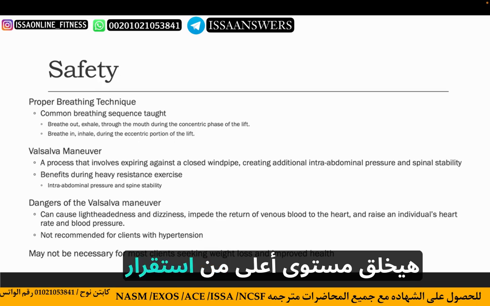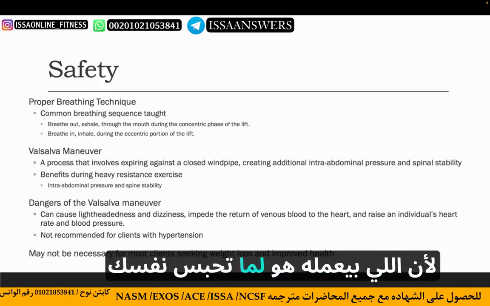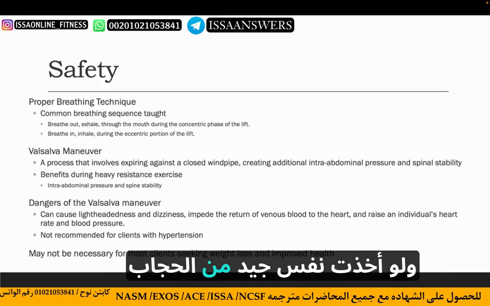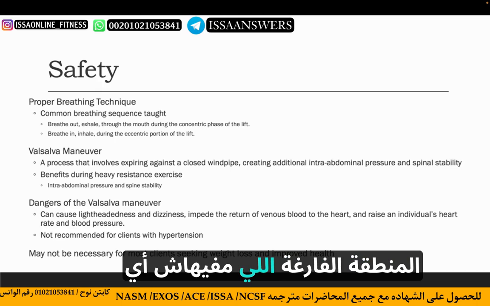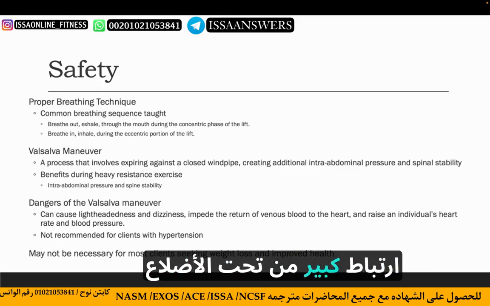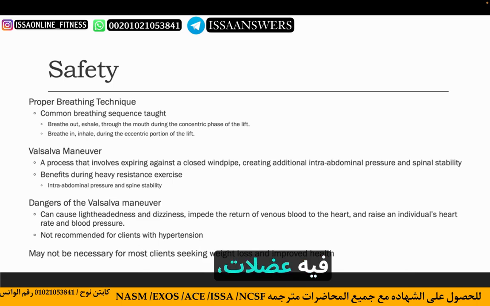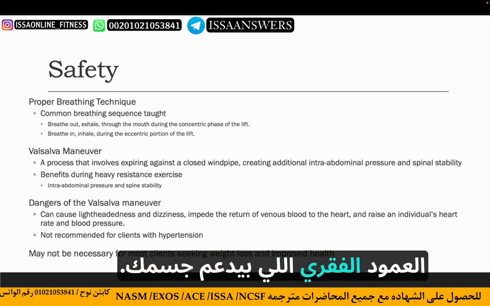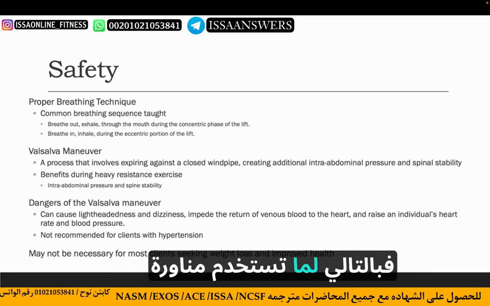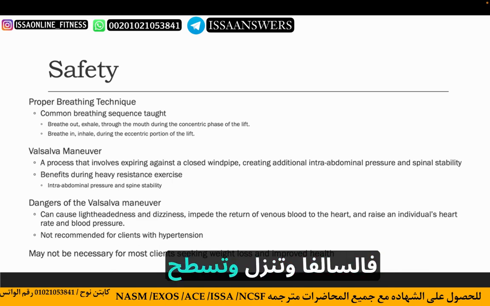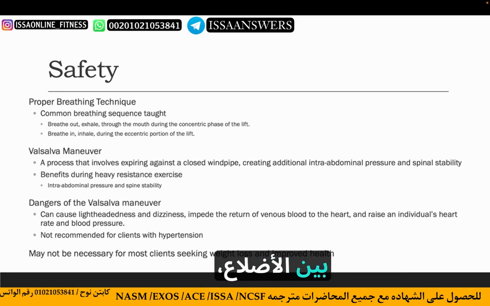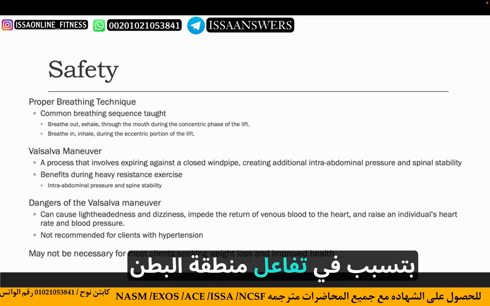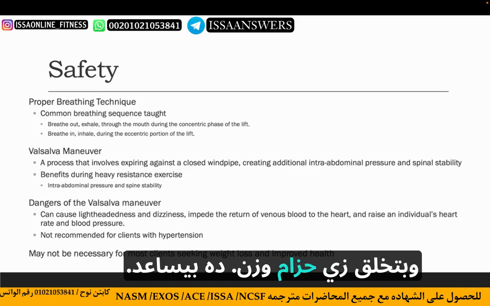It's going to create a higher level of spinal stability, because if you take a good diaphragm breath and it locks in your abs, it's going to help that hollow area that doesn't have any major attachment from below the ribs to the hips. There's muscle, but there's really nothing there except for the spine that's supporting your body. So when you use the Valsalva maneuver and flatten out the diaphragm, it causes the intercostals to get engaged. It causes the abdominal region to become engaged and creates a weight belt.